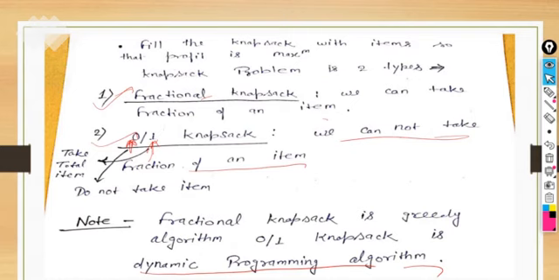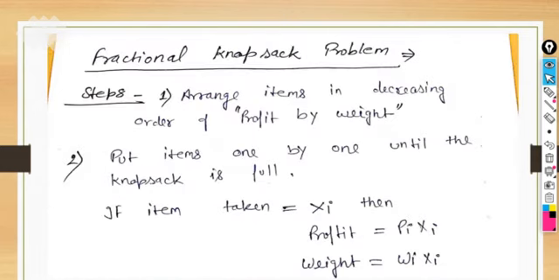So let's start with the fractional knapsack problem with the help of the greedy approach. There are some steps involved here. First you have to arrange the items in the decreasing order of profit by weight. Why is it so?